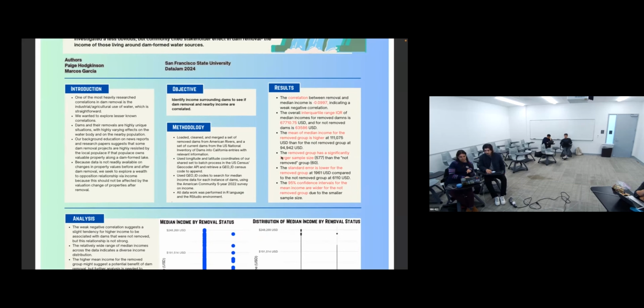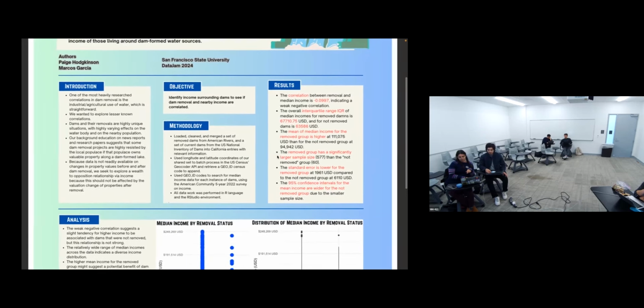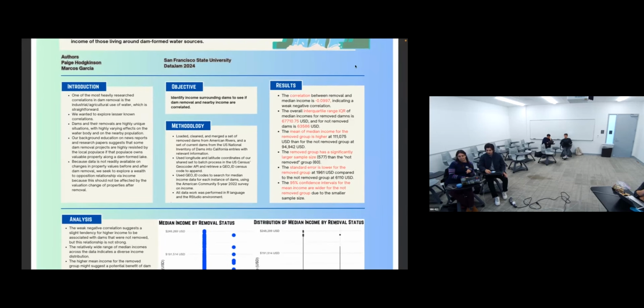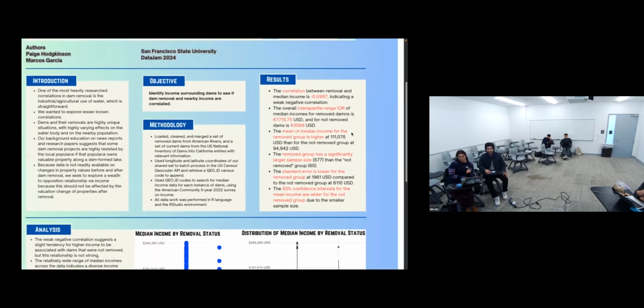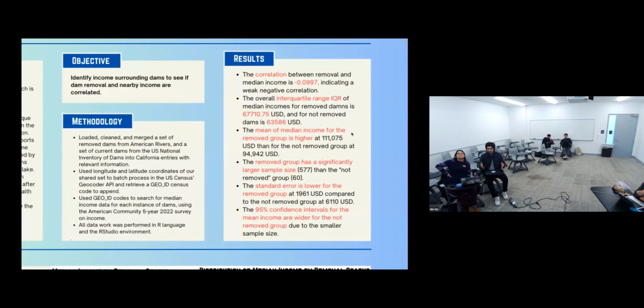As I mentioned before, the methodology was that we had to use the GeoIDs, which, for a certain zip code, are able to link the data sets so we could use them.